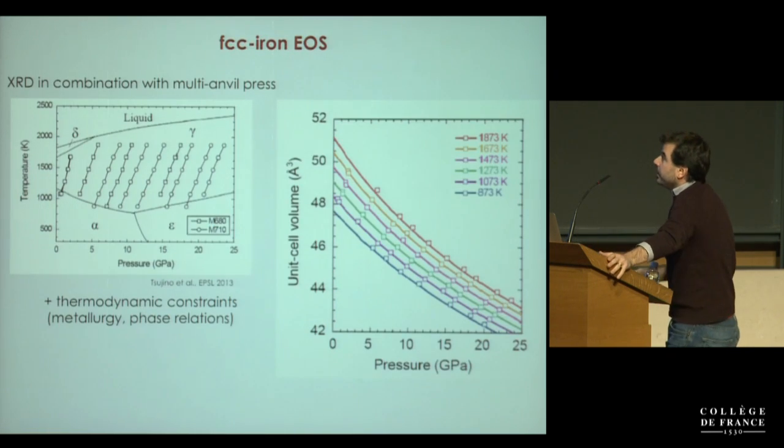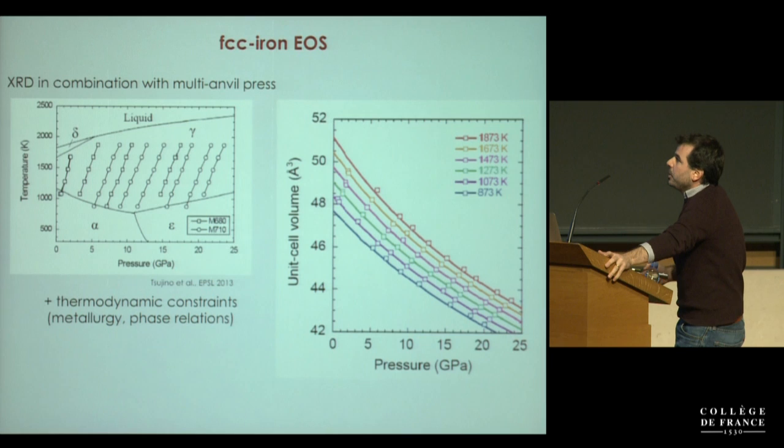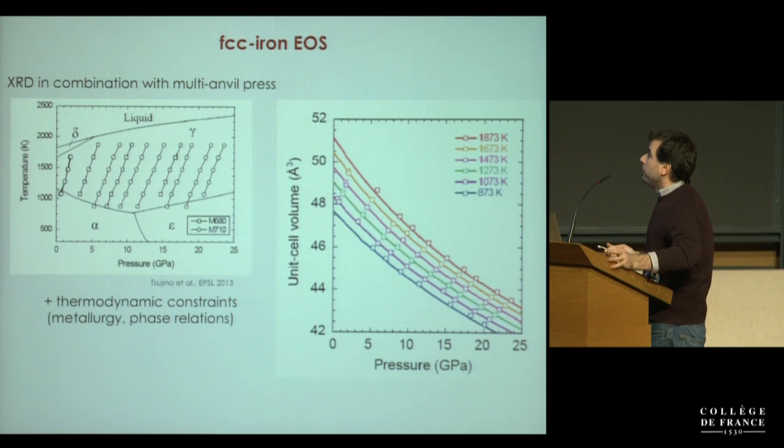It's only recently that the combination of synchrotron-based X-ray diffraction techniques and multi-anvil presses allowed exploration of the phase diagram of iron in an extensive way, in particular around the gamma phase.